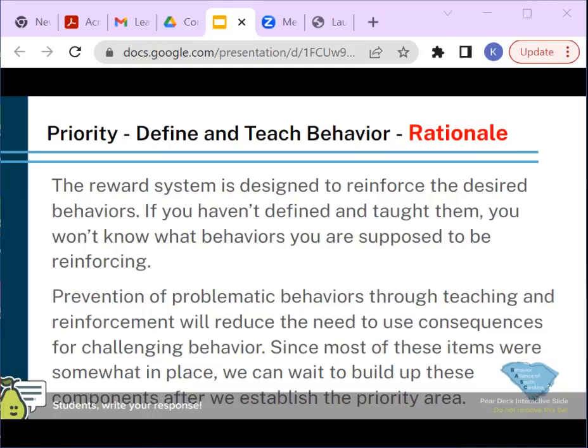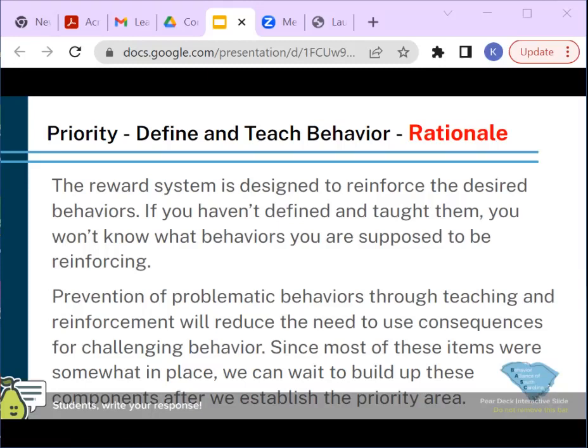And then the prevention of problem behaviors through consequences. Well, we know that generally consequence-based behavior change is not going to be where you want to start. First of all, it's not a very pleasant thing to engage in. But second, if you are doing your good teaching, defining what the expectations are and teaching them, and using an effective reinforcement system to help reinforce and shape those behaviors, then hopefully there'll be much fewer problem behaviors to have to respond with some consequences.